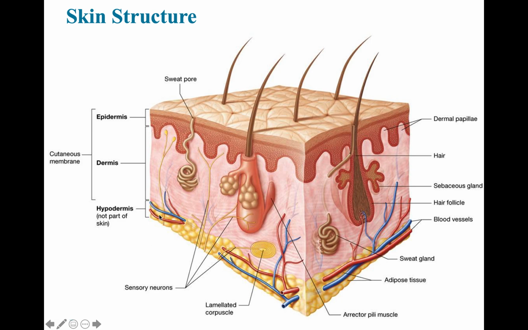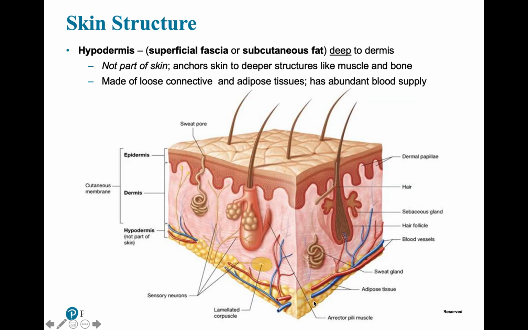All right, and the hypodermis is very highly vascularized. That's why a lot of times certain injections will be in the hypodermis with a hypodermic needle, right? It's because it's a good way to administer drugs or whatever it is that you're trying to administer into the bloodstream, because the hypodermis is very highly vascularized.